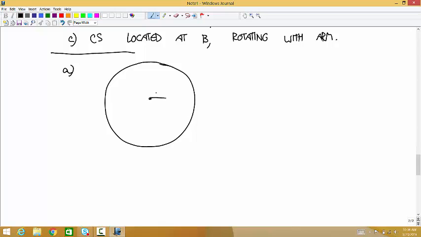We have a coordinate system oriented like this. There's Z, there's X, and here's the particle at a certain instant. It's rotating this way with an angular velocity of pi radians per second.